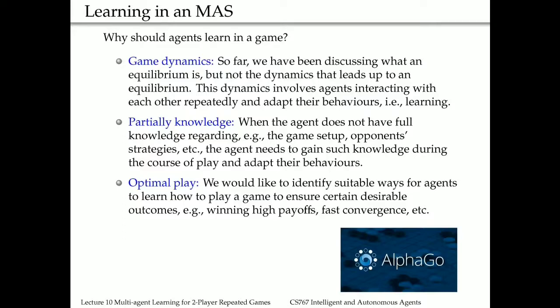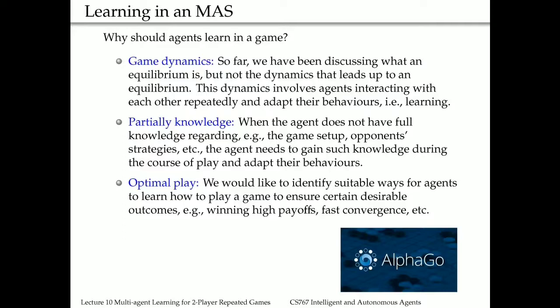Thirdly, in most cases we would like the agents to adopt some optimal ways to play a game, right? This is like developing a chess playing algorithm aiming to beat other players. It could be a simulated artificial agent player, or it could be an actual human being who is playing this chess. And we want the agent that we developed to improve the performance, improve the ability to perform the task.